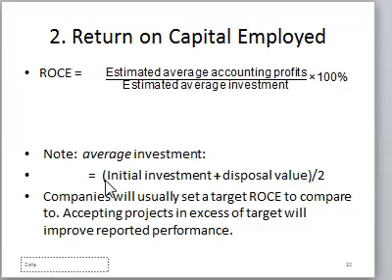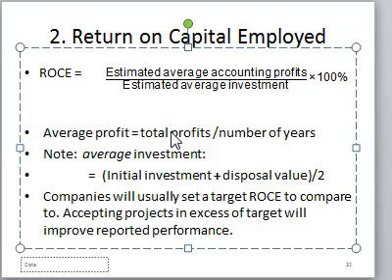However, to get the average investment, we get the initial investment plus the disposal value, then divided by 2, or initial investment plus residual value divided by 2. Average profit, you get the total profit in different years, then divided by the number of years. So that you get the average profit.